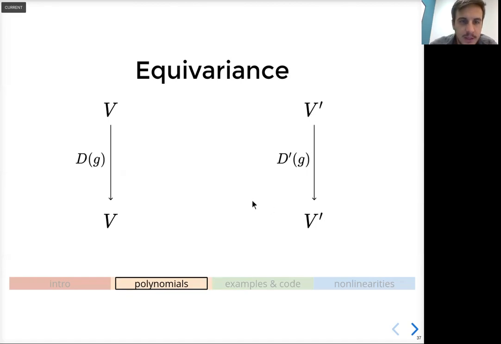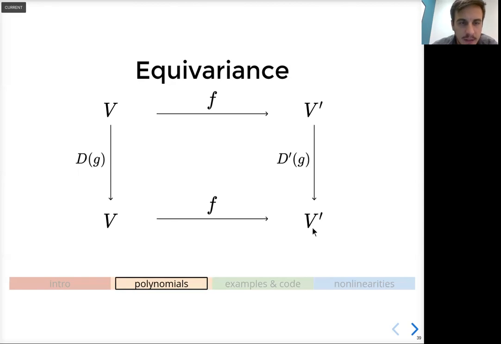And now let's say you have a function that takes an element in V and sends it to an element in V prime. We can also write f on the bottom because it's the same vector space.